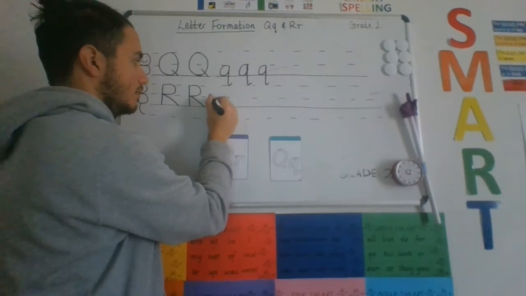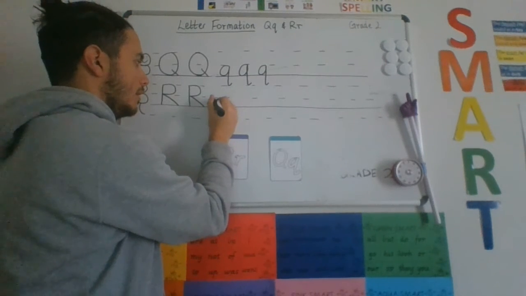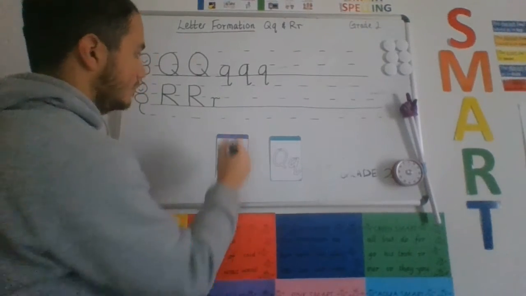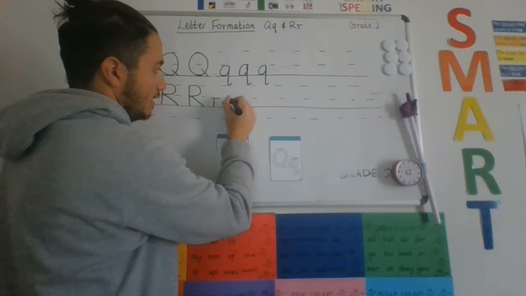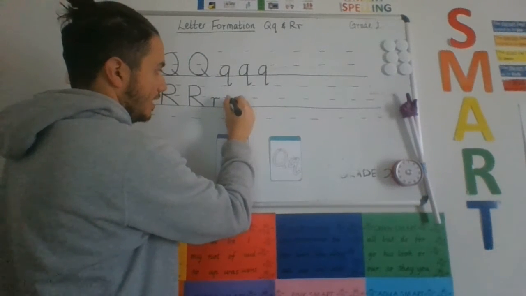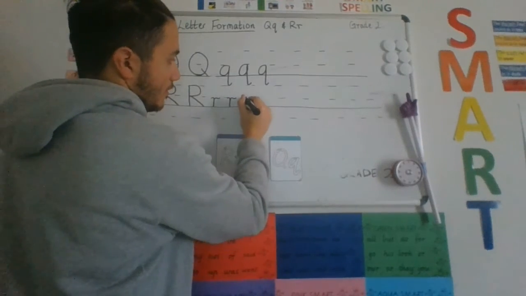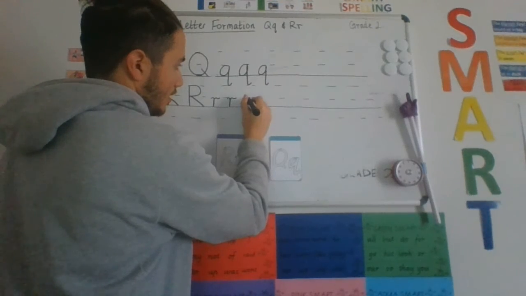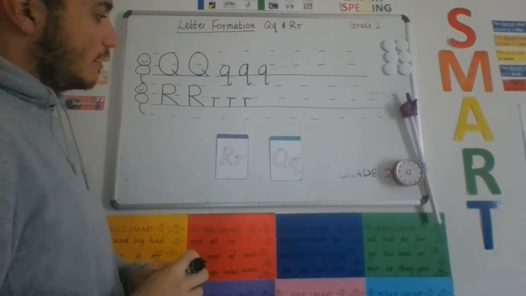Start here, curve, straight down, follow it back up, and we do just one little wave. It's like a little wave. Very tricky, the r. Go down, straight back up, and one wave. Down, straight back up, and one wave.